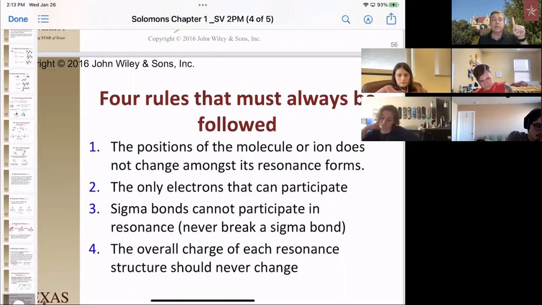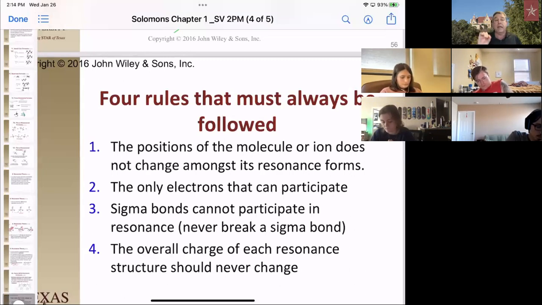The first rule is the position of the atoms in the molecular ion do not change between any of the resonance forms. We do not move atoms. Their position and their connection between all the other atoms is the same. Only electrons participate and move. Sigma bonds, that first bond that we make in between all the atoms, does not break ever. That same connection between sigma bonds and atoms does not change.